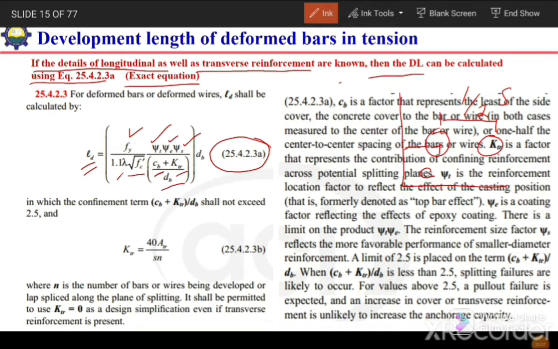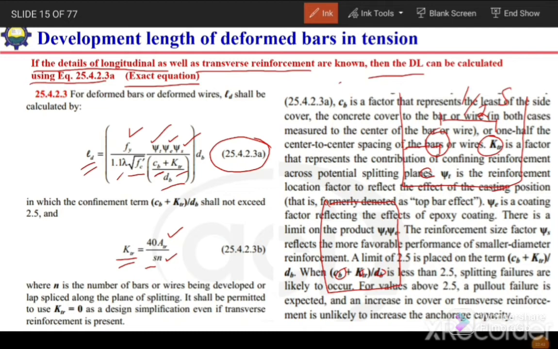Ktr is a factor which accounts for the transverse reinforcement. So Ktr is equal to 40 times area of transverse reinforcement divided by s times n, where s is the spacing of transverse reinforcement and n is the number of bars being developed. So here, if this is a section, here there are two bars which are being developed. If in this section we have 3 bars, so n will be 3.